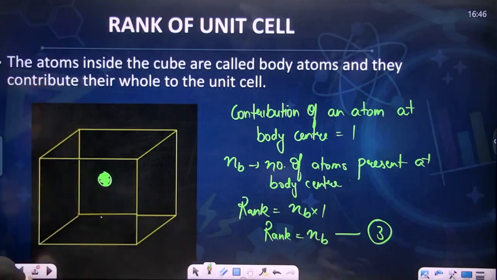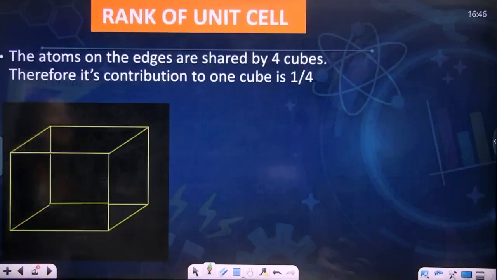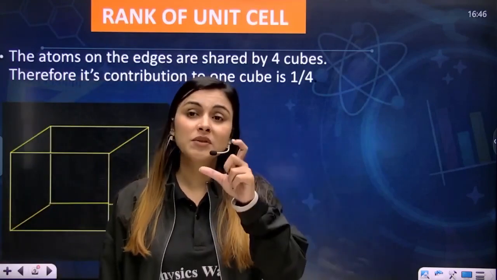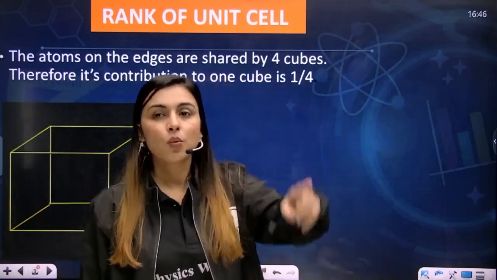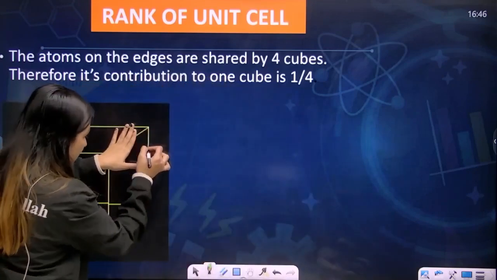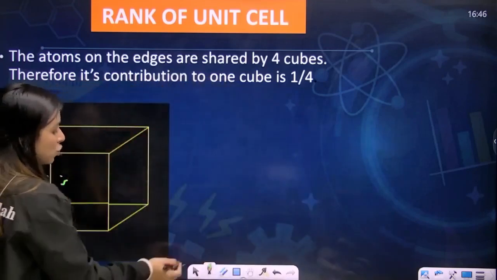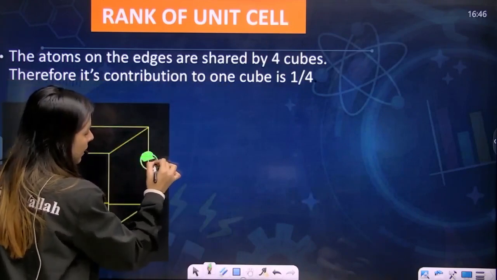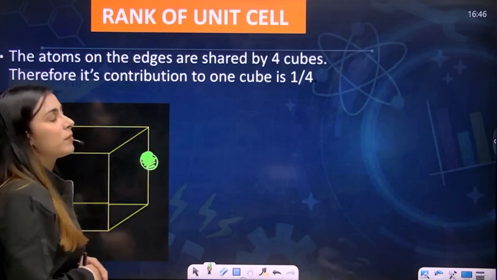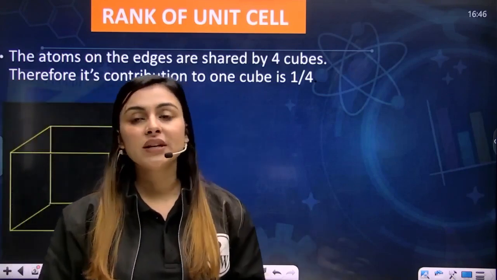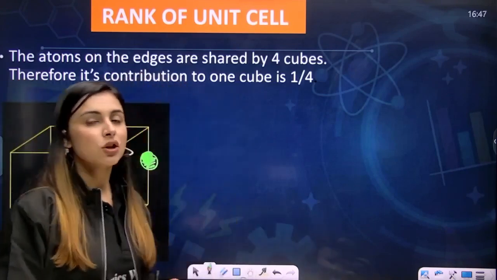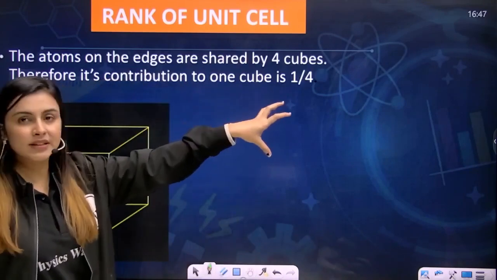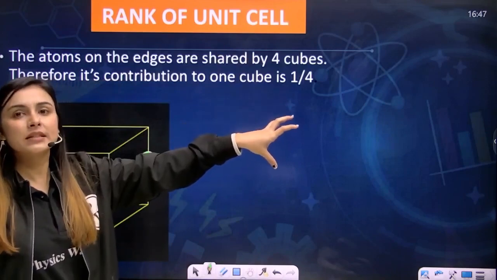Now let's move forward. Next are the atoms present on the edges. My dear students, what if your atom is present at one of the edges? What is an edge? This line is actually the edge. So what if your atom is present here? Now you have to imagine in how many unit cells this is being shared. Consider an atom present here. In how many rooms is it being shared?